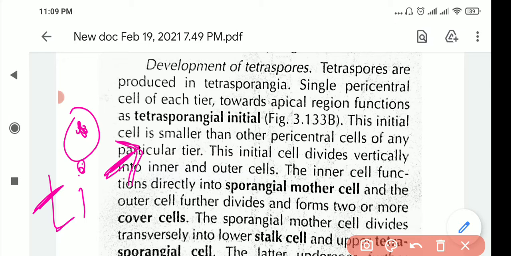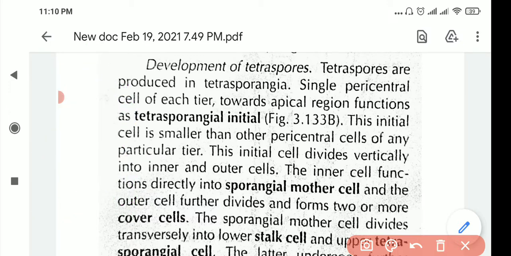This initial cell will divide vertically, divide this way, into one inner cell and one outer cell. Let's say we started with a diploid 2N cell.